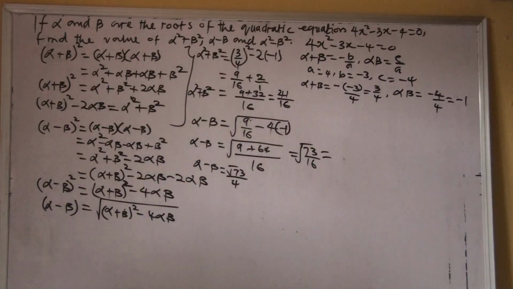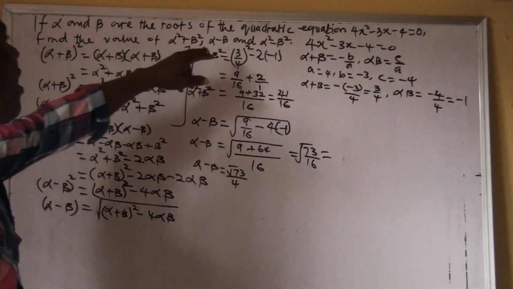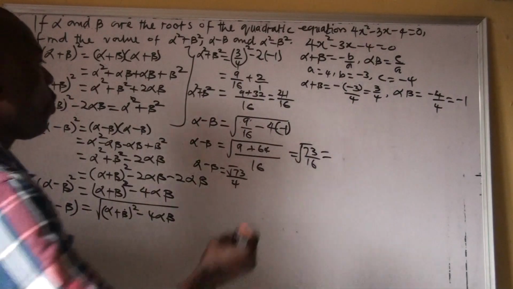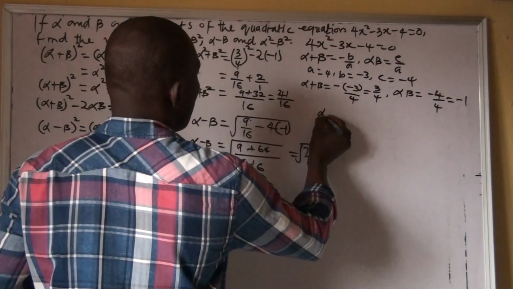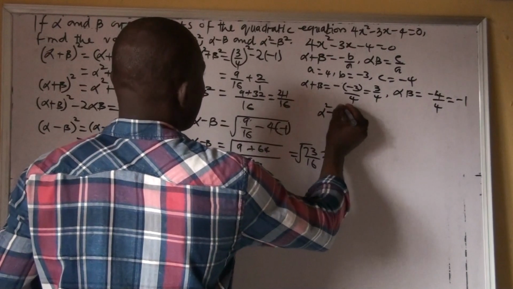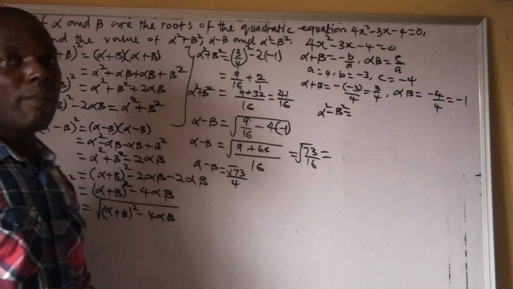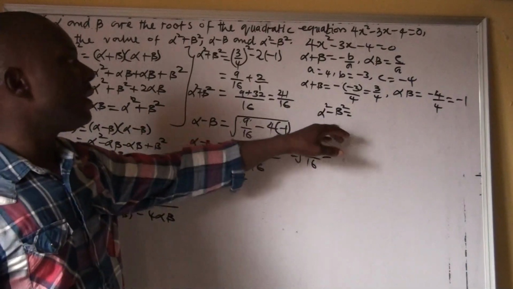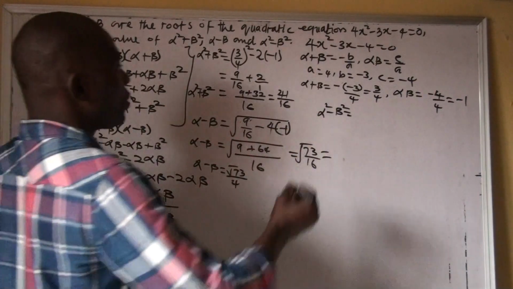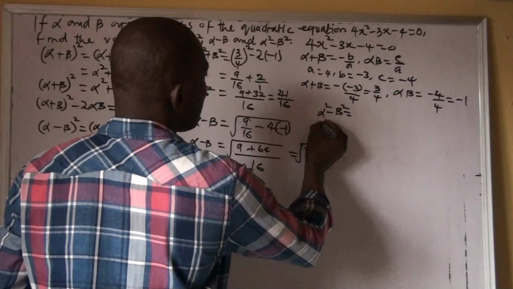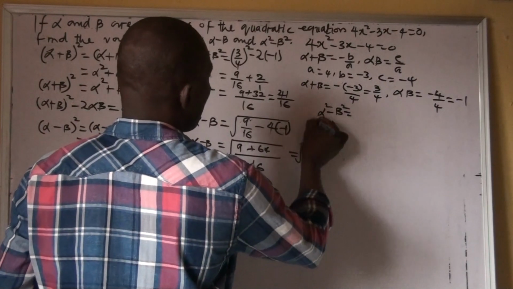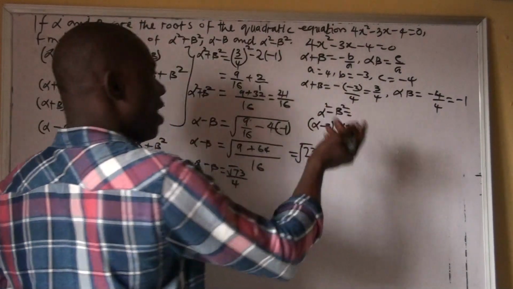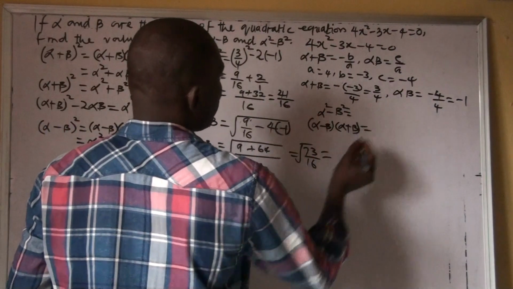And eventually we were also asked to find alpha square minus beta square. This expression is a difference of 2 squares. So the difference of 2 squares is the same thing as alpha minus beta times alpha plus beta, or alpha plus beta times alpha minus beta.